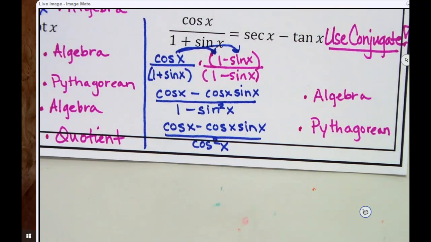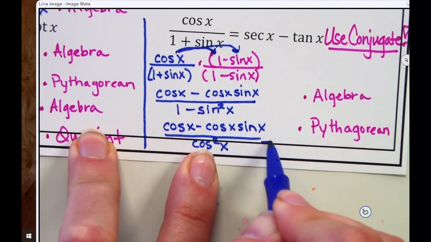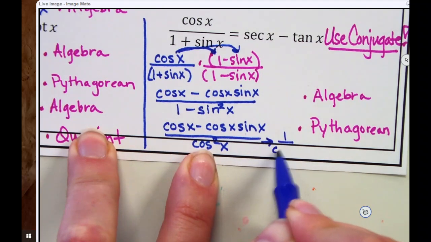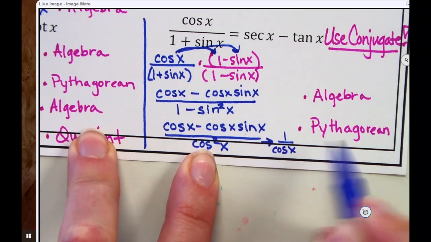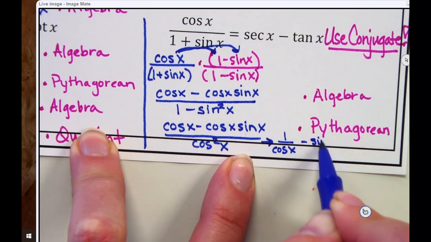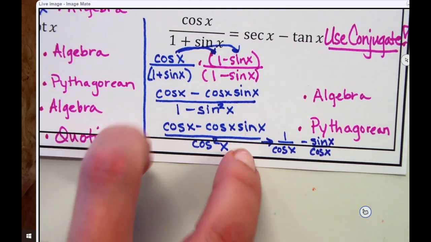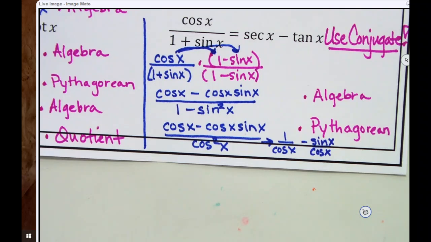So we said we're going to end up with, goodness gracious, 1 over cosine. And then we had what? Sine over cosine minus sine over cosine? What did we do there? Didn't we just do some algebra?